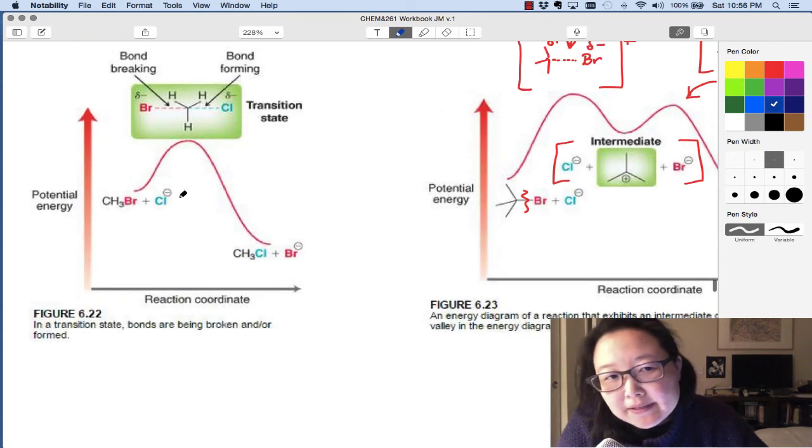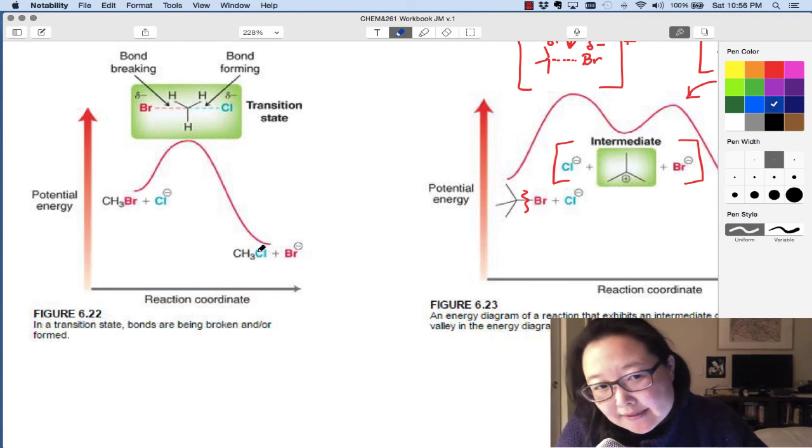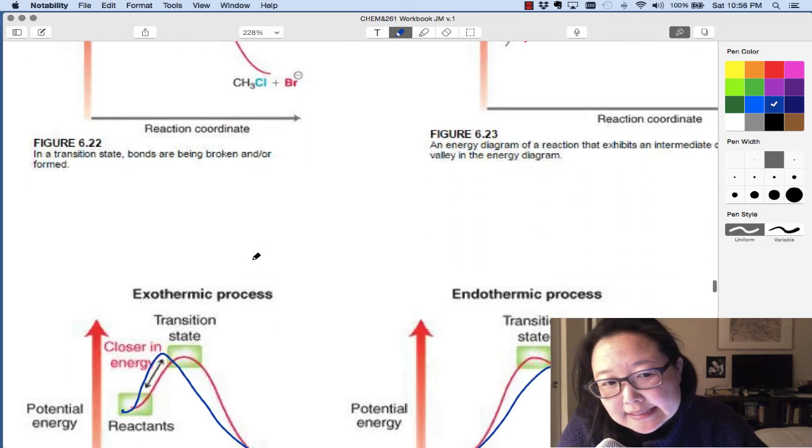For example, over here, our transition state is closer to the reactants in energy than it is to the products. So we're saying that the bromine might be closer than the chloride in this case, just because it's going to resemble this more than it's going to resemble that.